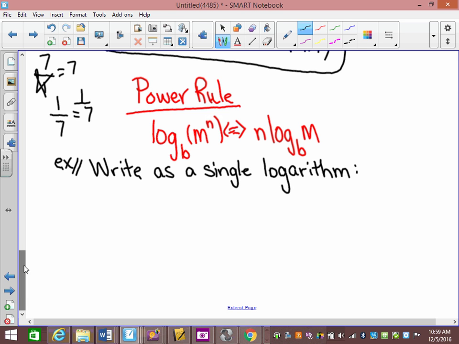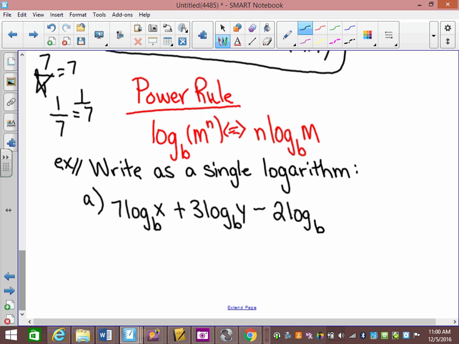A. 7 log base b of x plus 3 log base b of y minus 2 log base b of x minus 4 log base b of y.